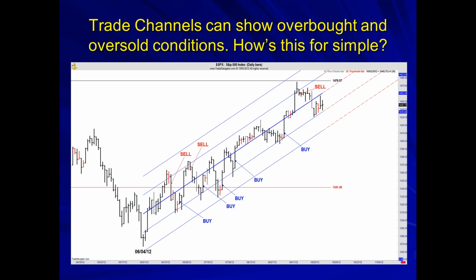This next chart you're going to see is the one where I said it's pretty easy and pretty fantastic. Now, this is actually the S&P index. If you have a choice between using the index or using the futures charts, always use the index. And this is the S&P index since June of this year. And you can see that it's got a valid Danielcode trading channel on it.